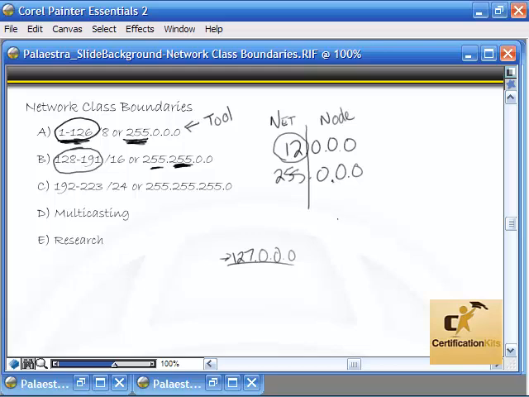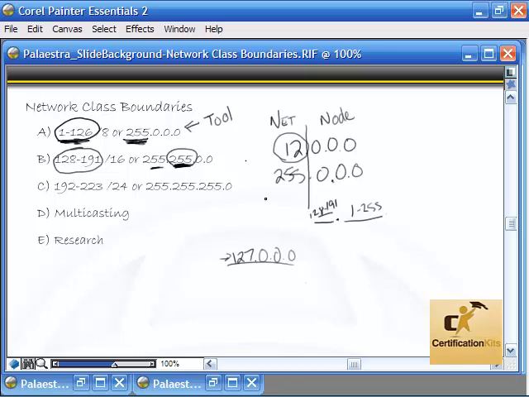First of all, I have all the options in the first octet of 128 to 191, and then for each one of those options in the first octet, I've got an option of 1 through 255 in the second octet, because this subnet mask says not only is the first octet part of the network address, the second octet is also part of the network address.